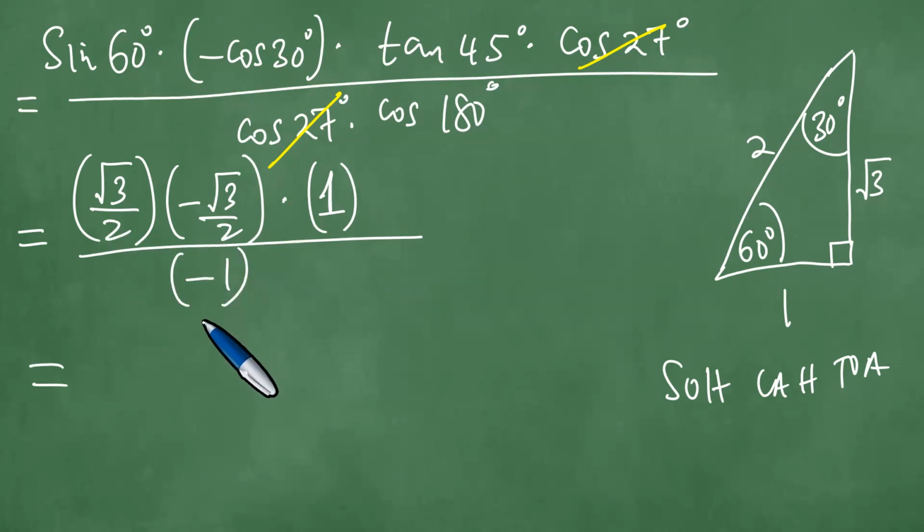The negative cancels out here. Negative divided by negative is plus. And then you have square root of 3 squared, which is 3 out of 4. You have that exactly.